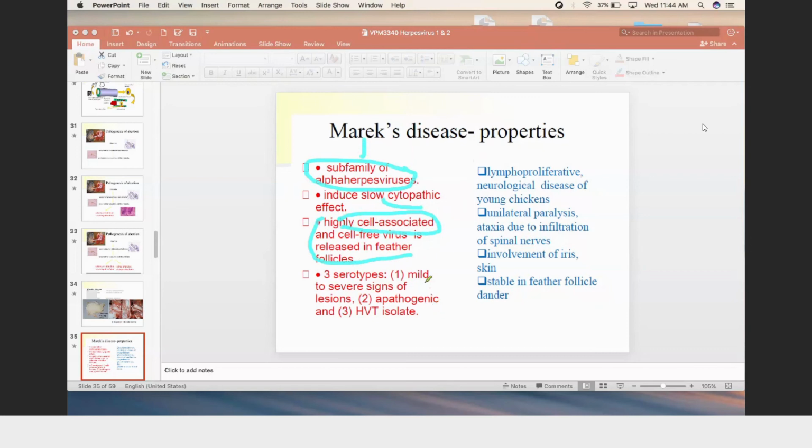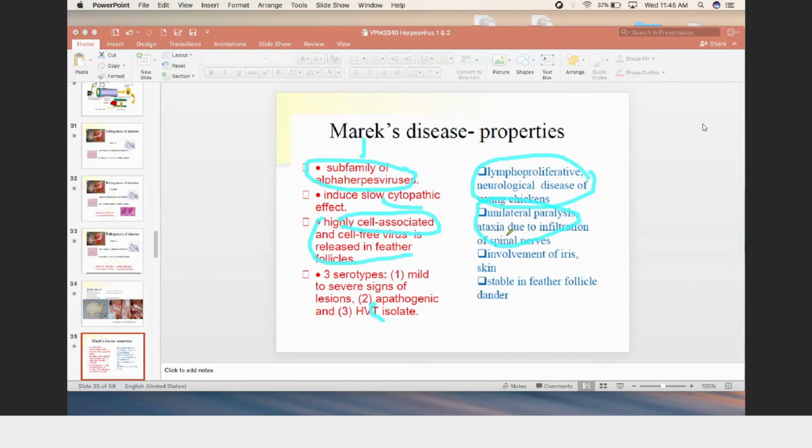There are three serotypes: mild to severe lesions, apathogenic, and then one related to HVT, herpes virus of turkeys, which is from T lymphocyte isolates. So it is a lymphoproliferative neurological disease of young chicks. It can cause unilateral paralysis and can cause ataxia.